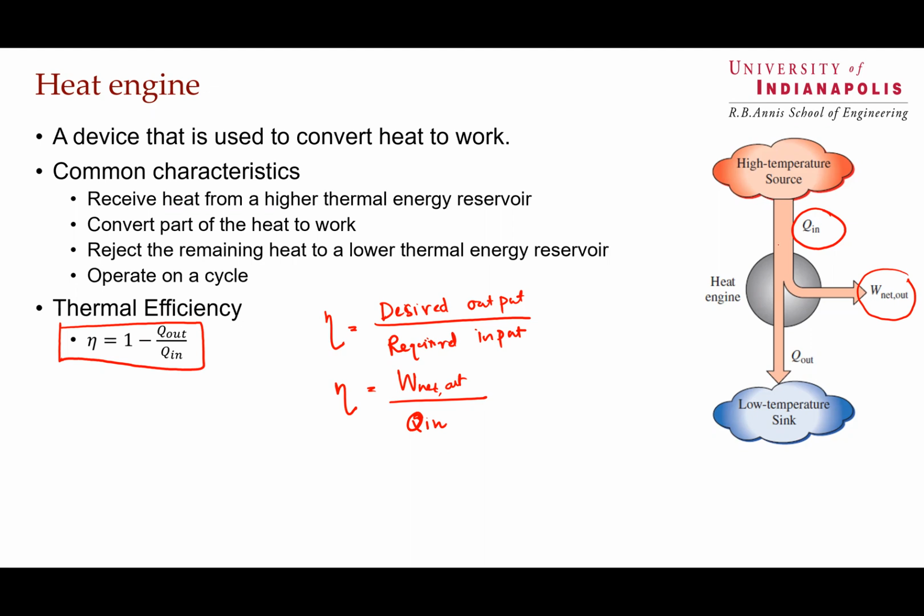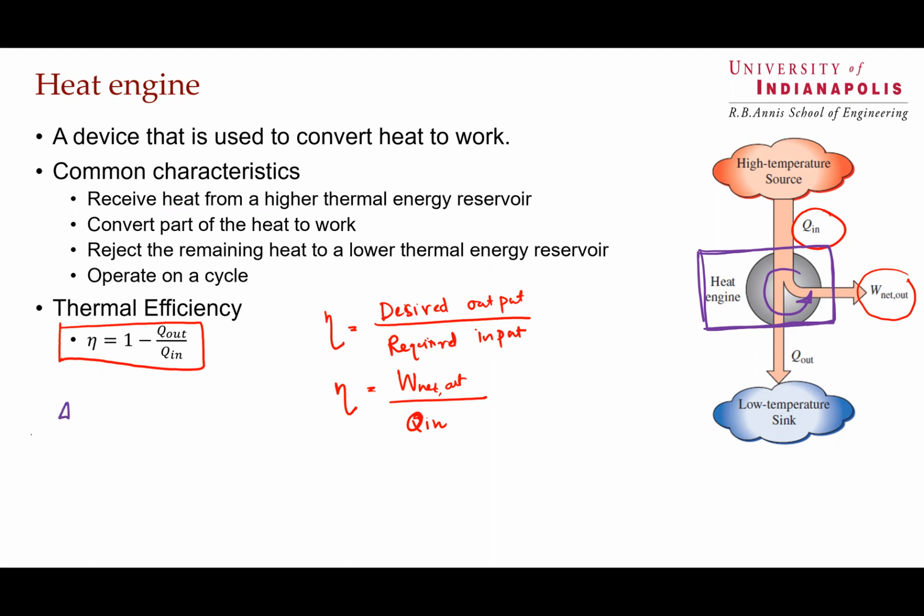So by taking this entire thing as a system, and it's actually a cyclic device, when you go on a cycle, I can write the first law of thermodynamics for that cycle. I'm just going to demonstrate how you got this one.